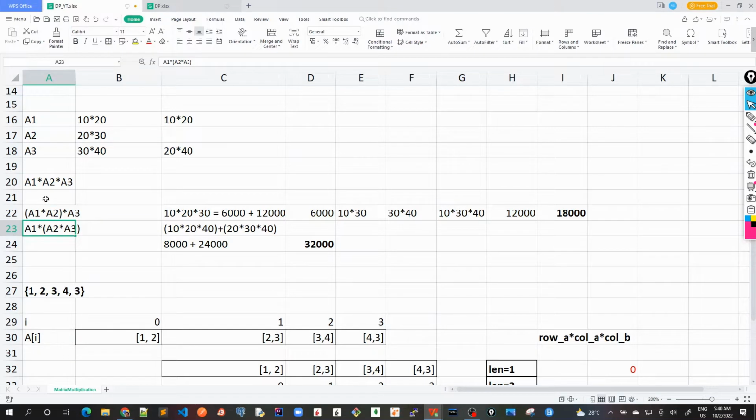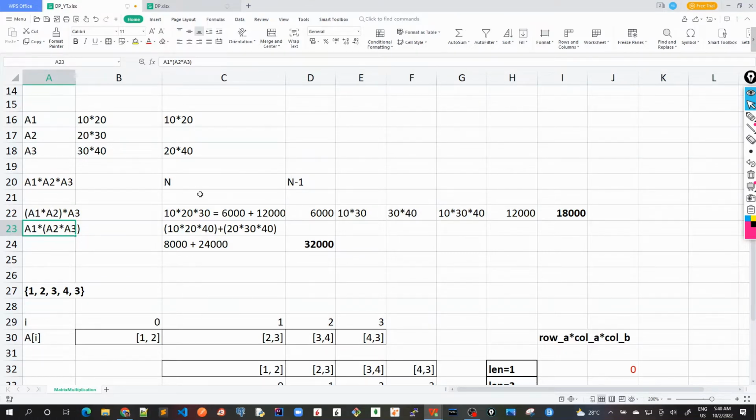So we can conclude that if there are n number of matrices, then we have n minus one ways possible to break it down and compute the minimum cost, right?